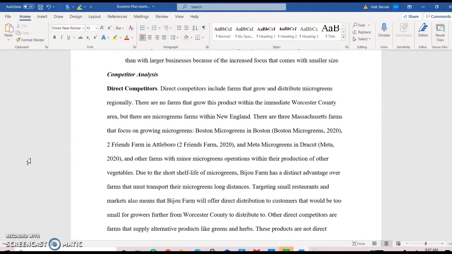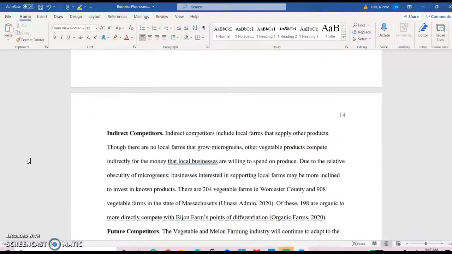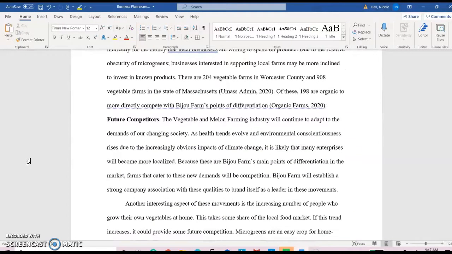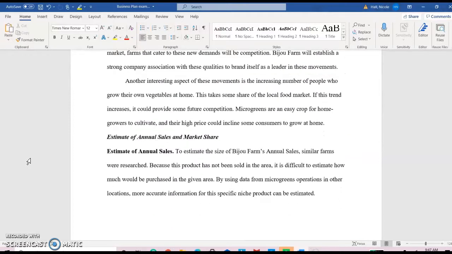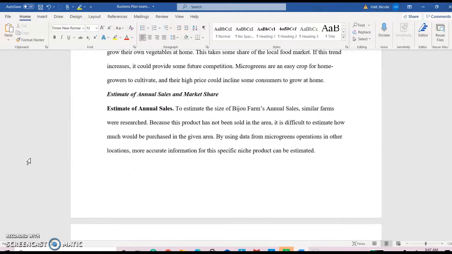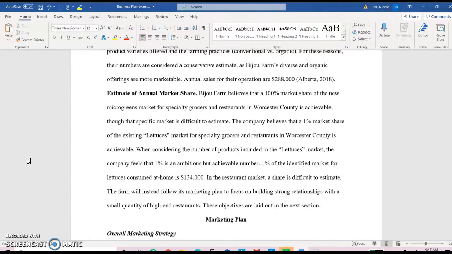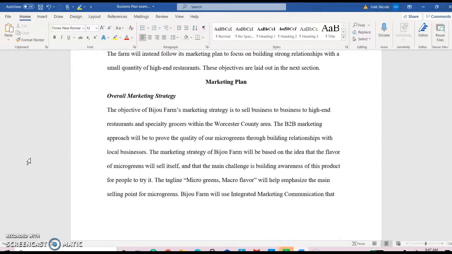You want to go over your direct competitors and indirect competitors. It's important to look at both. And then future competitors, if applicable, the estimate of annual sales, estimate of the annual market share, and then we transition into the marketing plan.